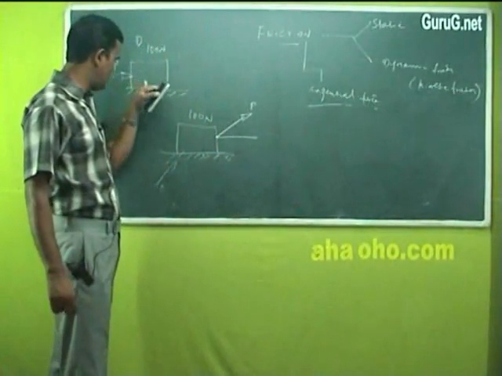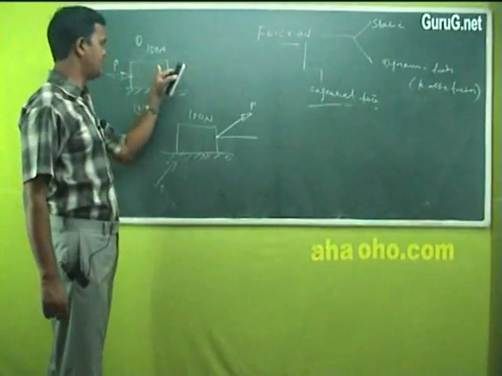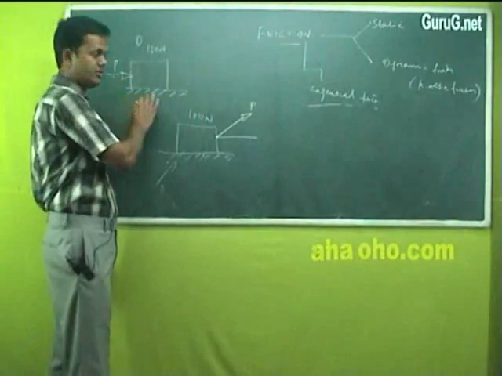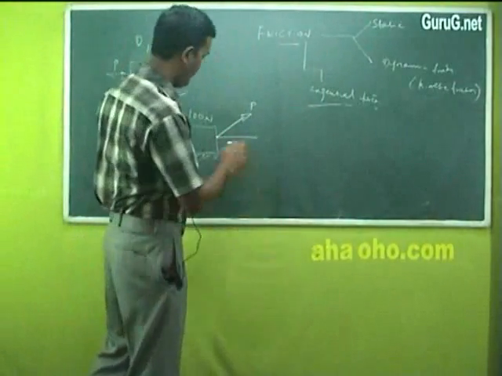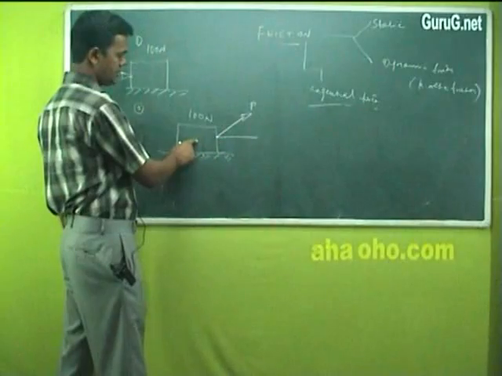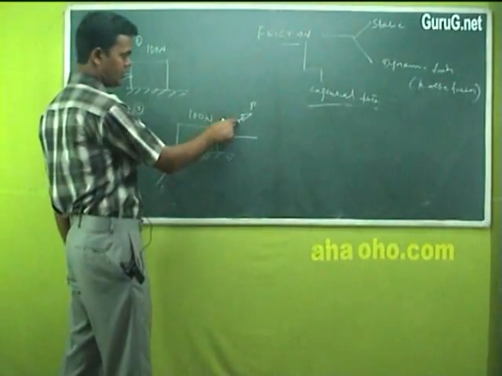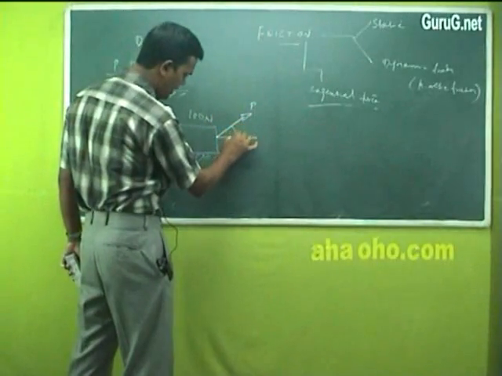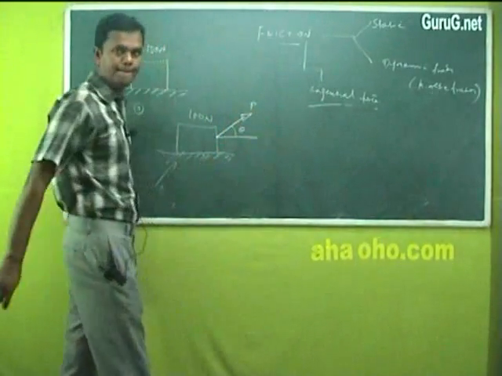Here it is an exactly horizontal force which will tend to move the body. So you will have a normal reaction and a frictional force opposing. And now in the second sketch I have shown a force in an inclined fashion, for which this is my angle theta.